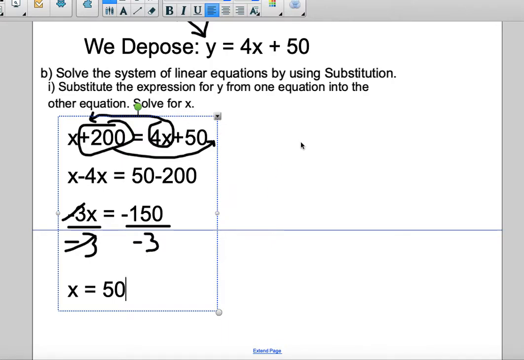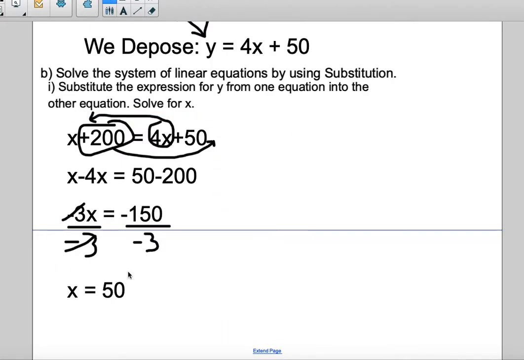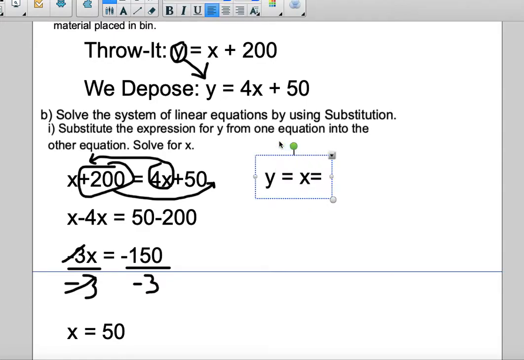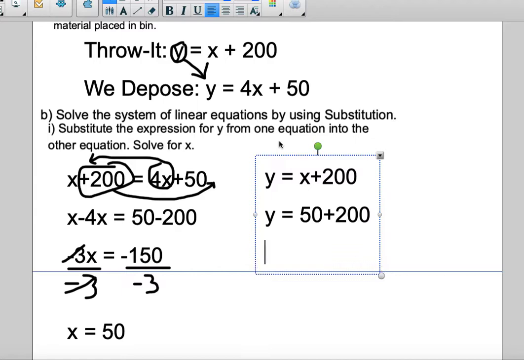We need to solve for our y value. So we take that 50 and sub it back into our equation. So let's use that first equation up here. So we've got y is equal to x plus 200. So we know that our x is 50. So y equals 50 plus 200.